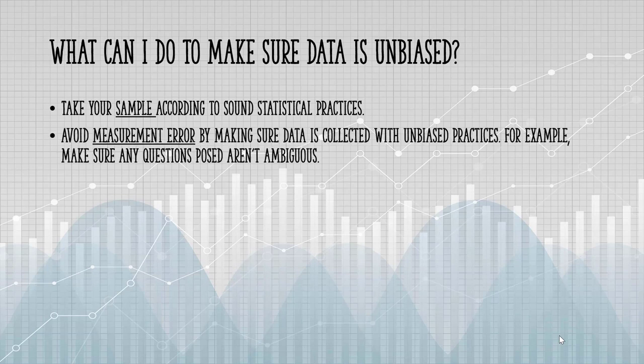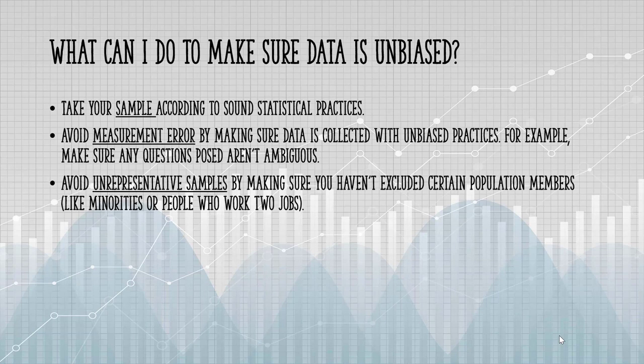Avoid measurement error by making sure data is collected with unbiased practices. This would include checking your equipment and looking for other measurement errors, and making sure any questions posed are not ambiguous. Avoid unrepresentative samples by making sure you haven't excluded certain population members. For example, you'll want to include minorities or people who work 2 jobs.